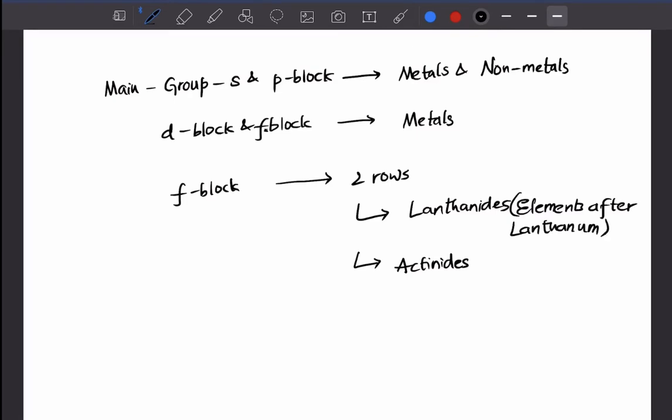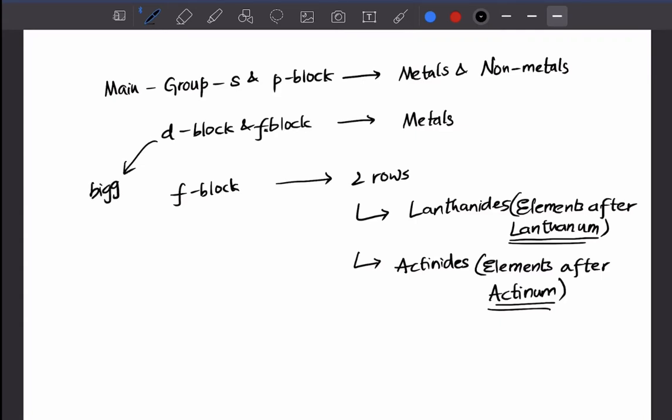Remember that lanthanum is not a D block element, but the elements after lanthanum are called lanthanides. Actinides are the elements after actinium, and actinium is also not a transition metal. In D block elements, you will see multiple elements. This is the biggest group of transition elements. We'll talk more about them as we go along, but remember lanthanides and actinides.